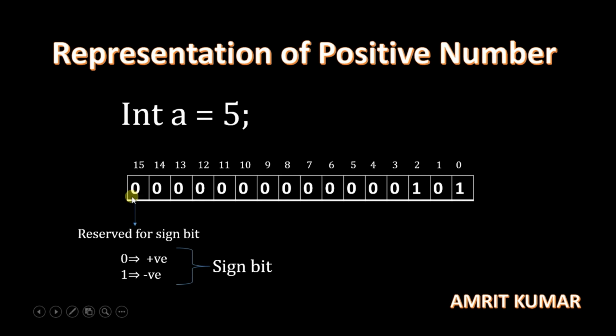Because here I am representing a positive number, I have to use 0 in the leftmost bit. These are the left bits, these are the right bits, and you have to use 0 in the leftmost bit for representing a positive number.